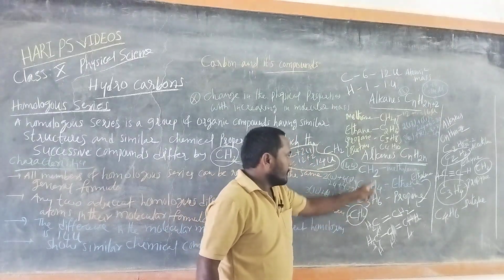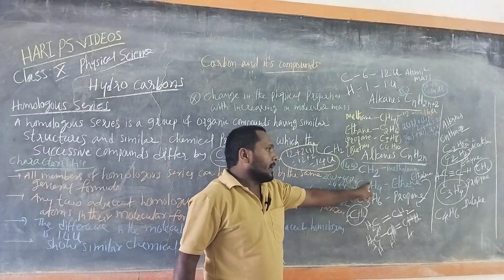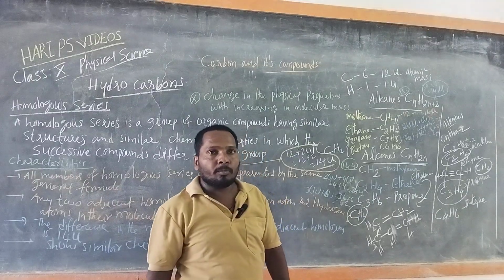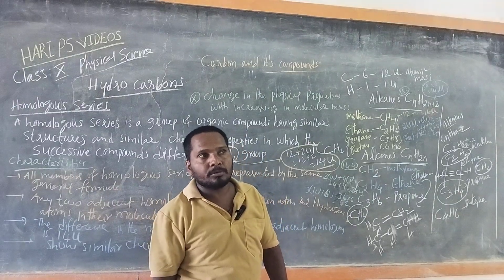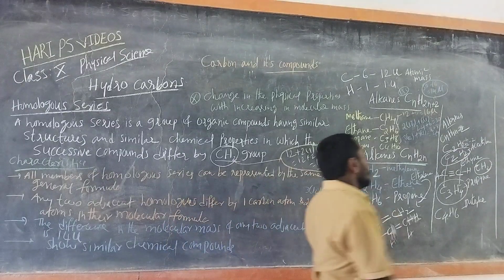So the difference in the molecular mass of two adjacent homologous compounds is 14 units.